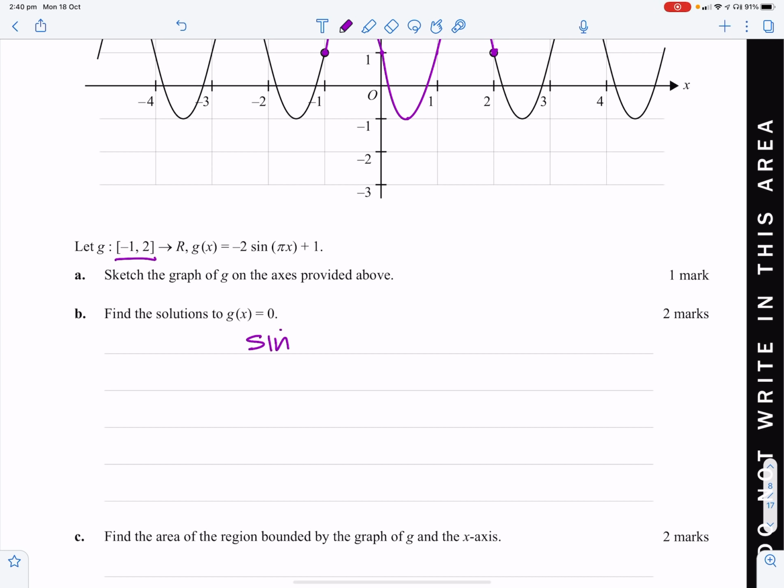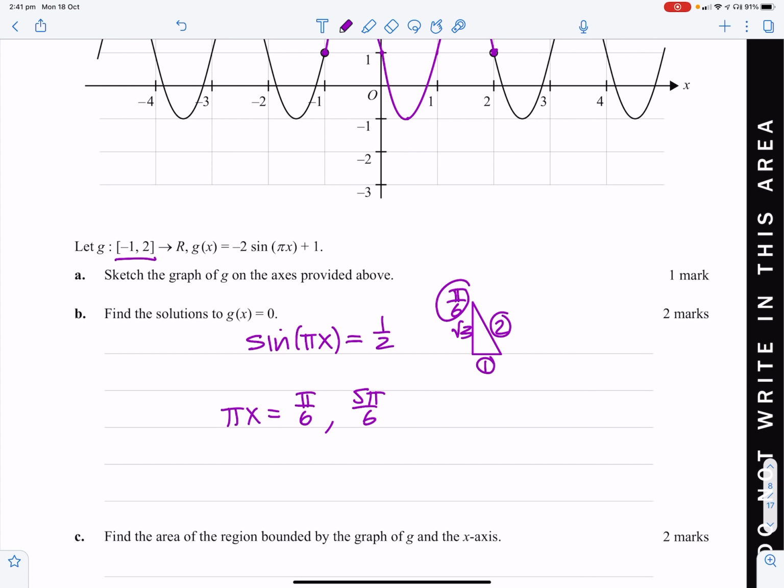So I can say sine pi x equals, if I bring the 1 to the other side and divide it by negative 2, I get a half. We know sine is equal to a half when x is pi on 6. So we say pi x is equal to, sine is positive in the first quadrant, pi on 6, and in the second quadrant, 5 pi on 6.